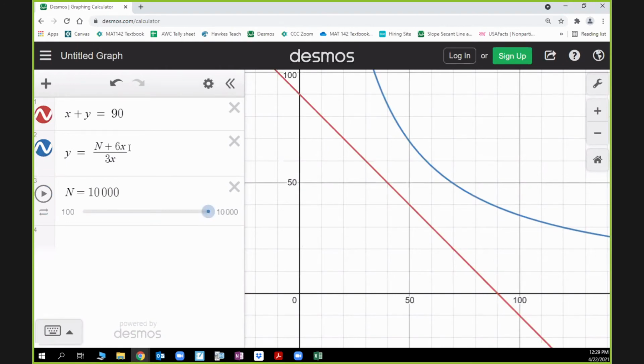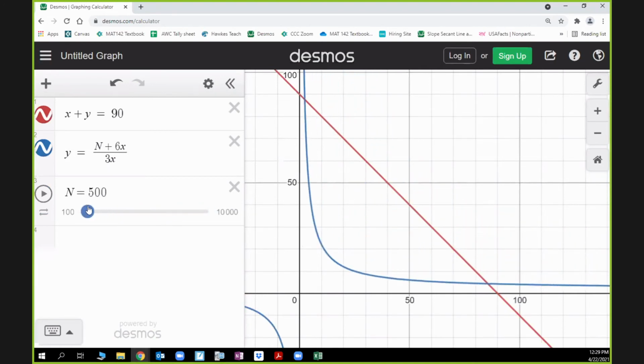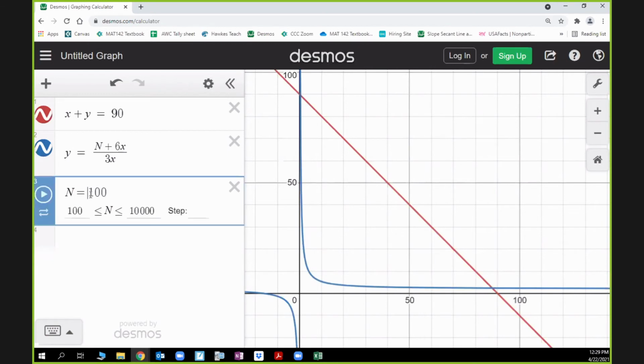It depends on the relationship between X and Y and the different outputs. So if we're only outputting 100 units of whatever we're producing, our curve is going to be way down here. This represents all of the possible allocations of our labor and materials. Here labor is on the x-axis and materials are on the y-axis.